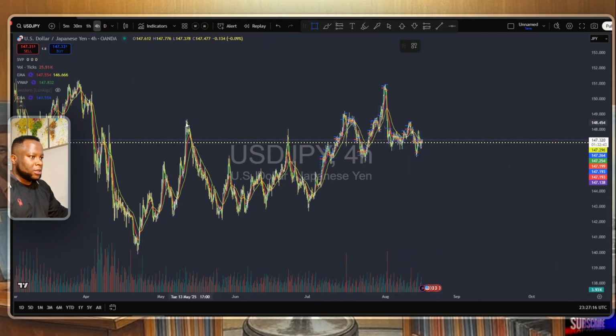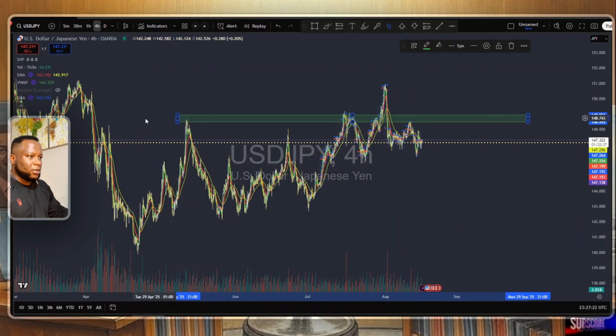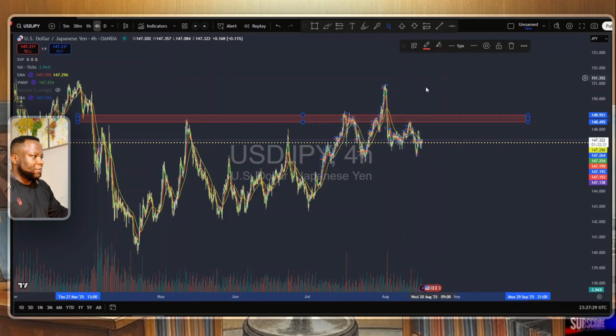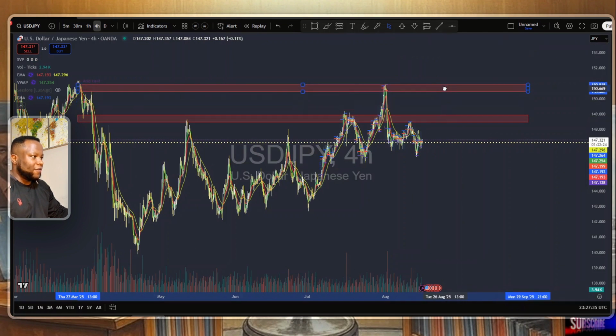I'm going to draw resistance, 148.90 resistance right there. Okay, and we have supply right here at 150.66.